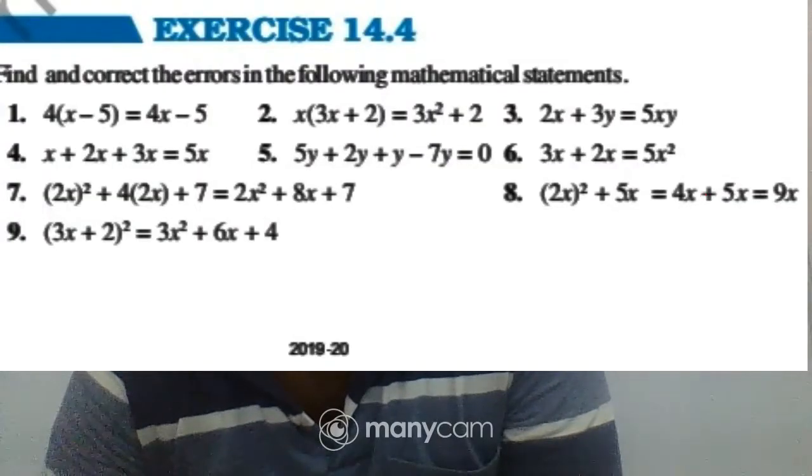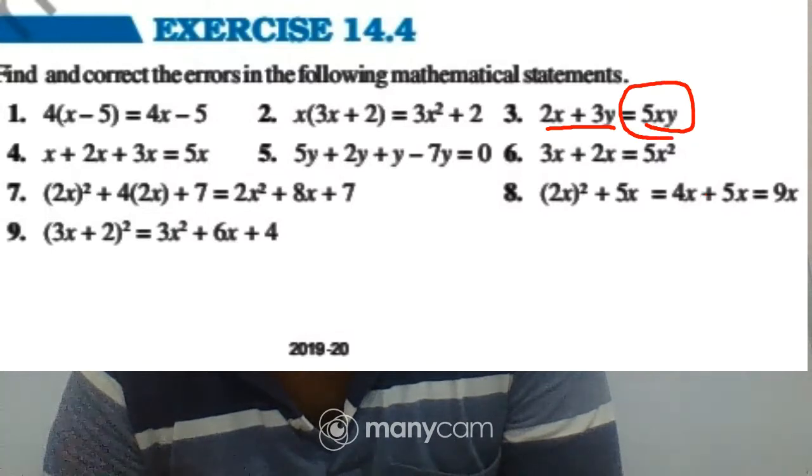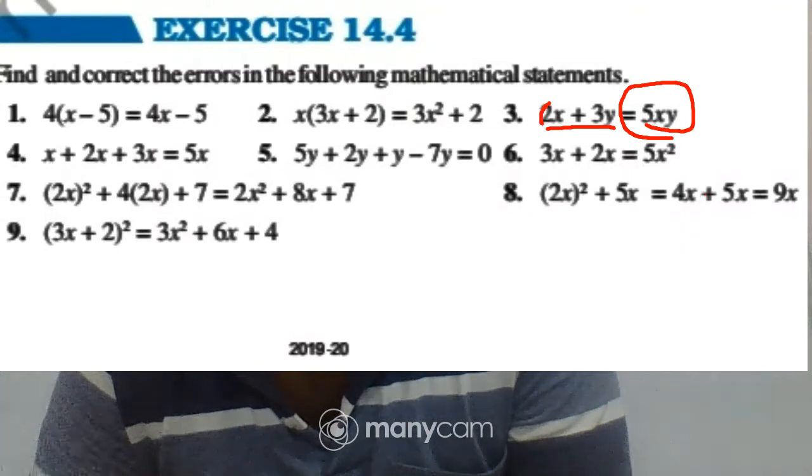Let's see question number 3. 2x plus 3y is equal to 5xy.